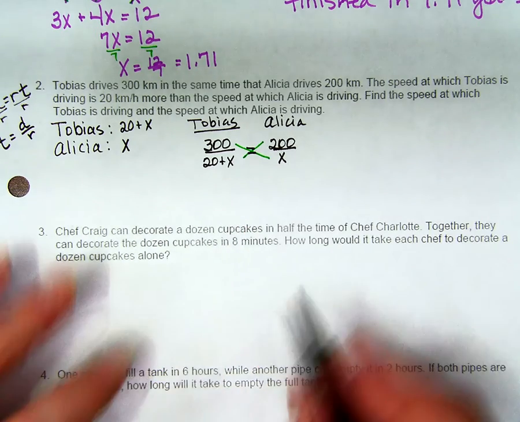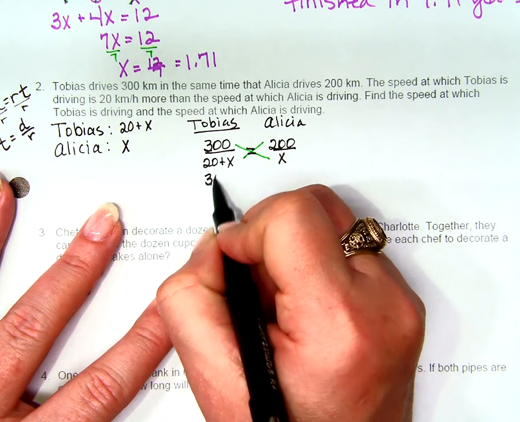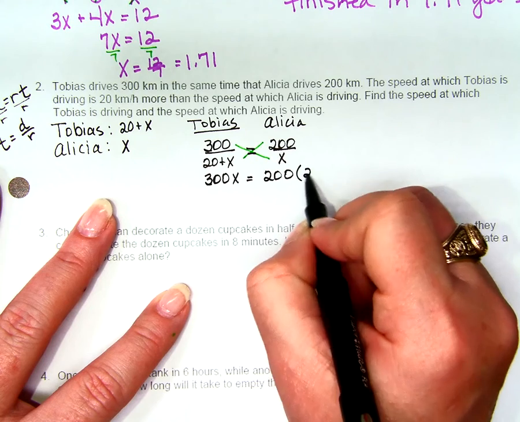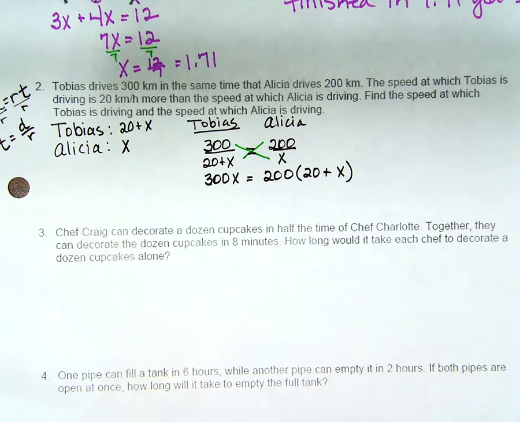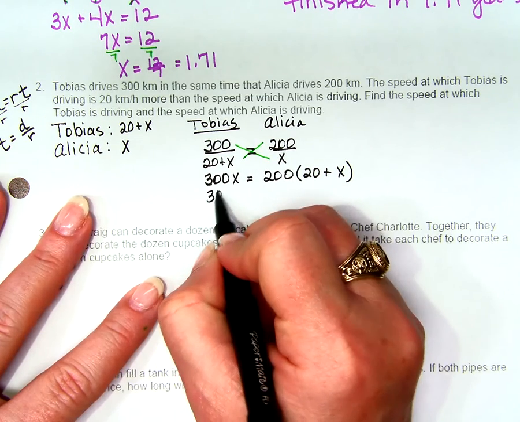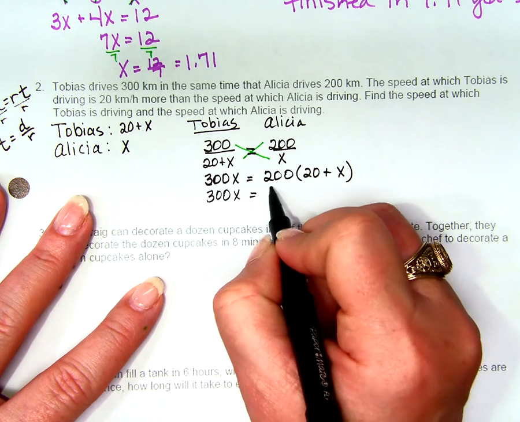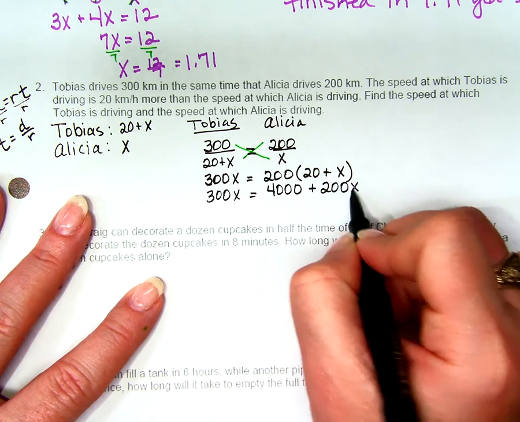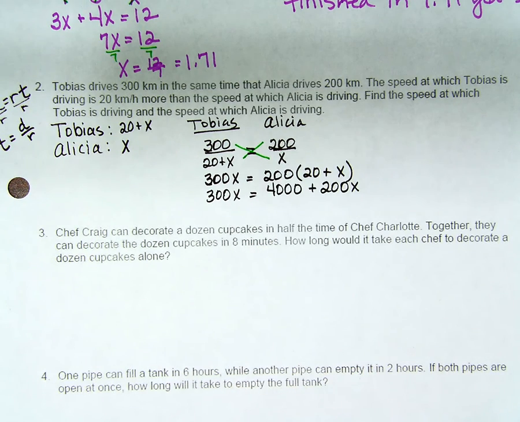If I cross multiply, I get 300x equals 200 times 20 plus x. So 300x equals 4,000 plus 200x. You still with me? Everybody still with me?